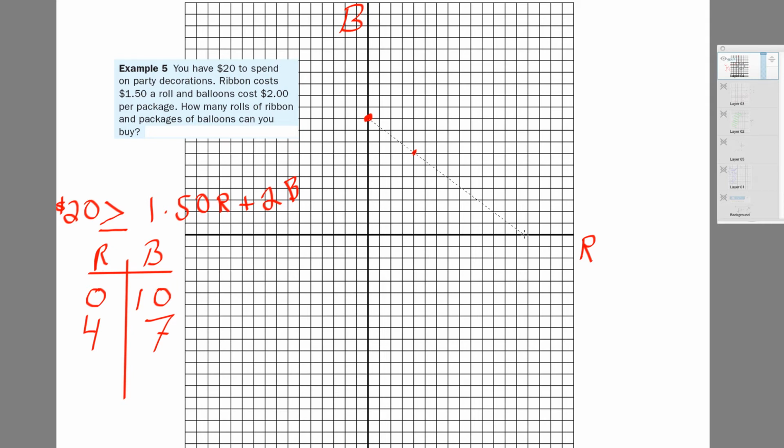There's no arrows on the end because it is going through here. I've drawn the line, and I needed to have instead put in dots because it's not true that I could have a fractional number of balloons and ribbons. These are packages of ribbons and rolls. I'm either going to have one or I'm not.